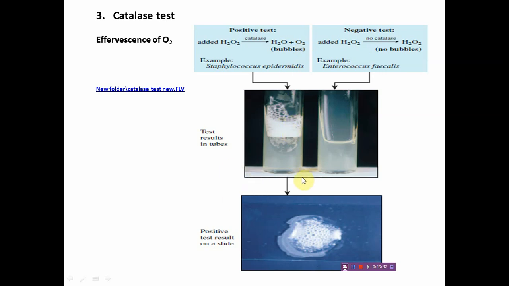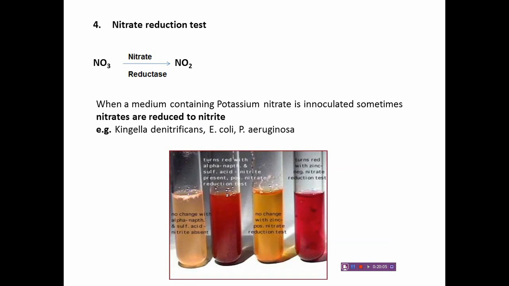So the test is done either by directly pouring the hydrogen peroxide over the slant, or the bacteria are added on the slide in a drop of hydrogen peroxide, and the effervescence of oxygen is recorded as a positive sign for the catalase test.